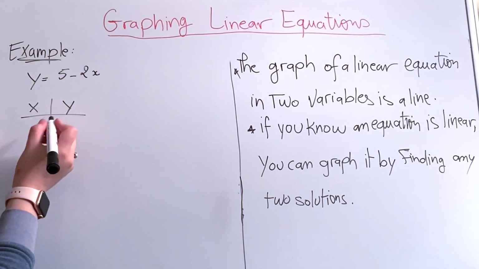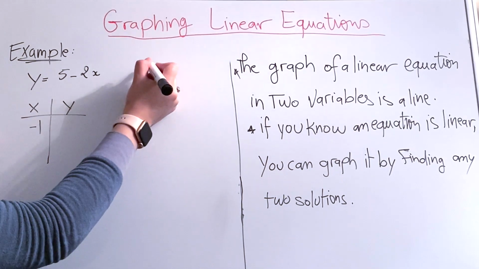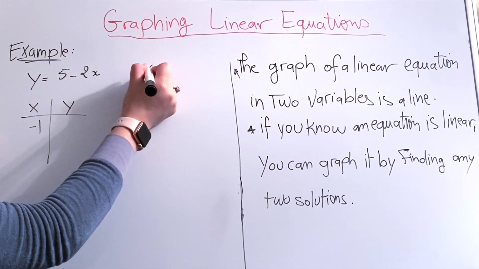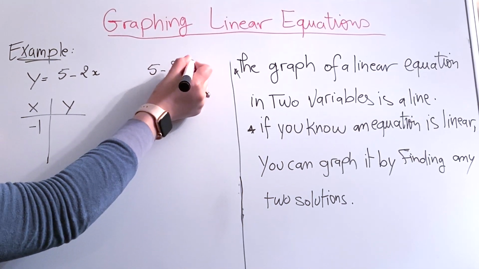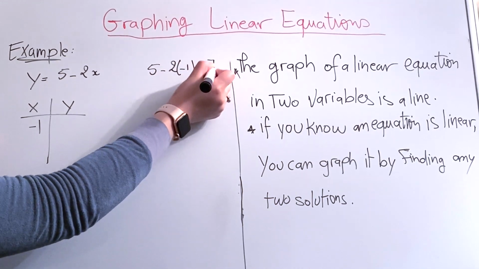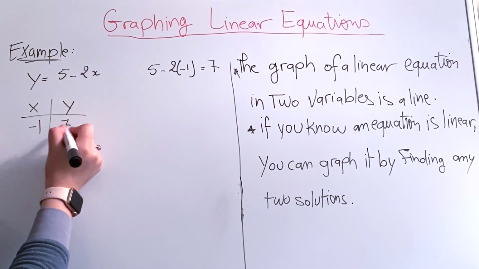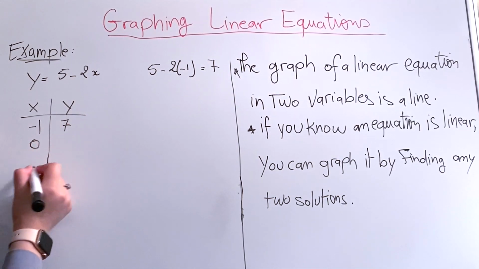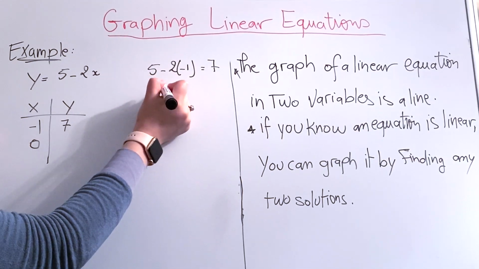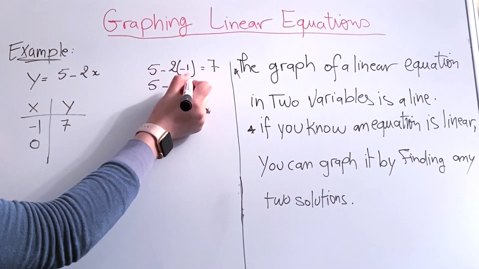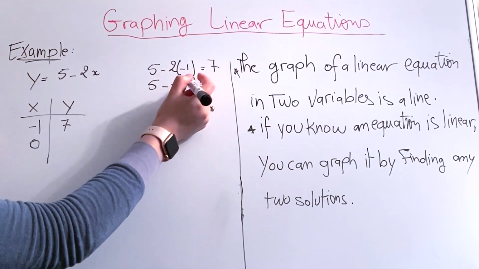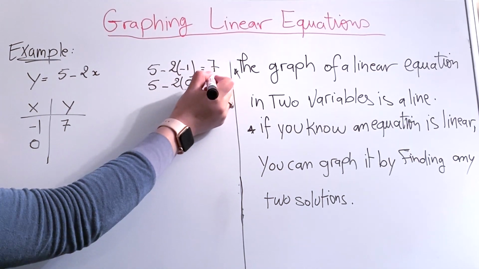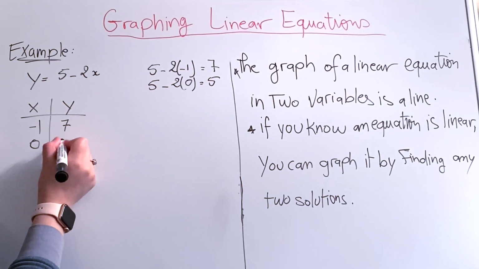For example, we take -1, so we have 5 minus 2 multiplied by -1, and that's equal to 7, y equal to 7. We take 0, and we do the same thing: 5 minus 2 multiplied by 0 equal to 5, so y equal to 5.